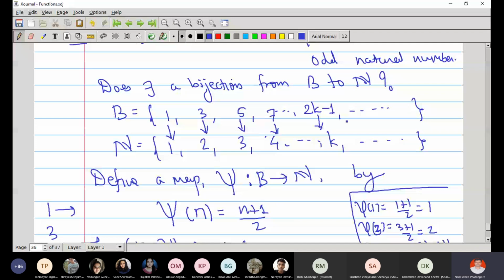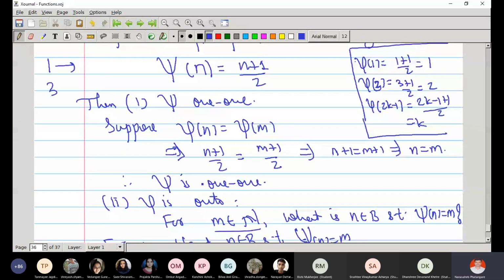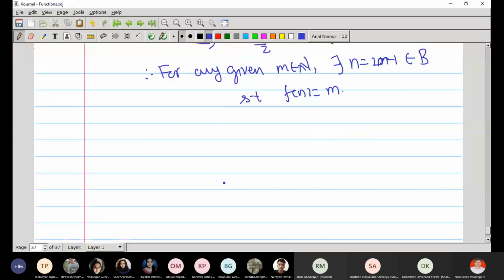That we directly see. So what is the pre-image of m? 2m minus 1. Is it clear? Yes. And hence, psi is a bijection.